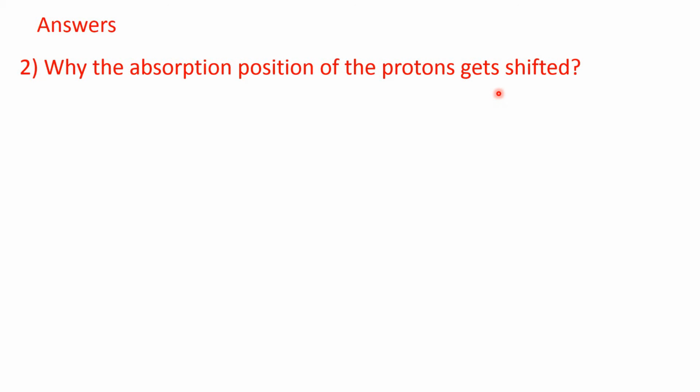Second question was, why does the absorption position of the protons get shifted? So already we have discussed that electrons of the nearby nuclei or electrons at the chemical bond start circulating in the presence of the external magnetic field. Circulation of this electron generates another magnetic field, or induced magnetic field, or secondary magnetic field.